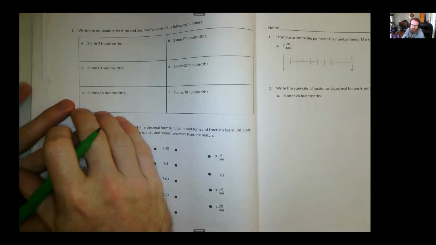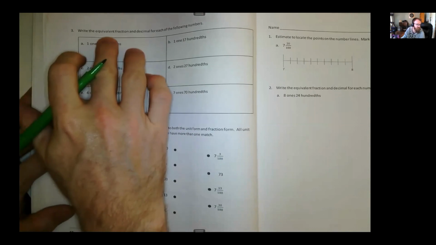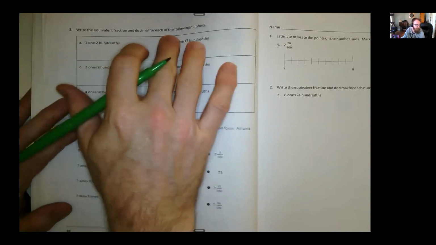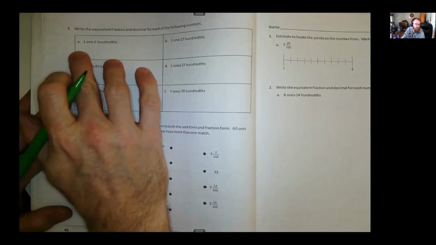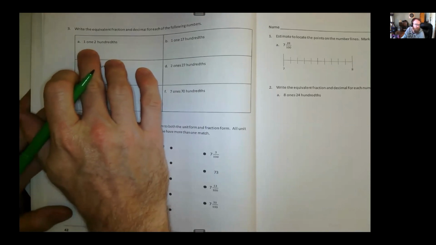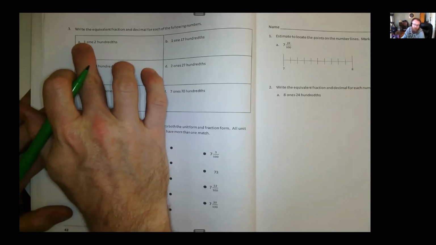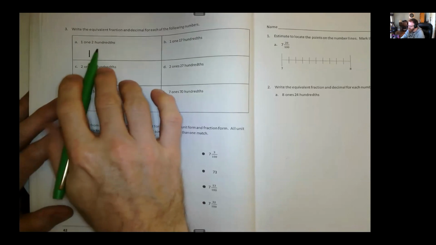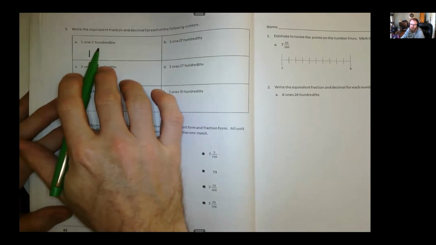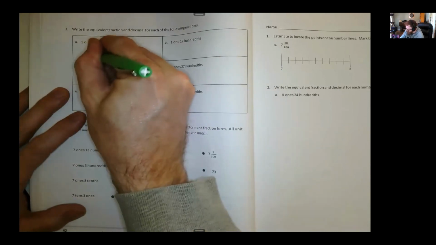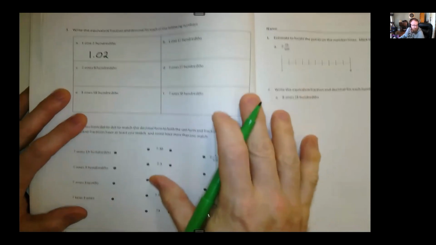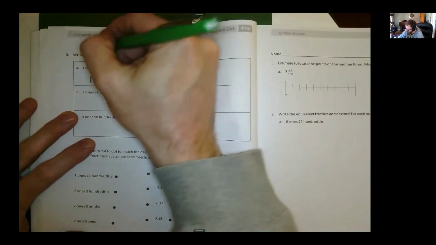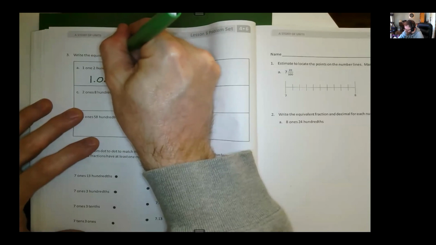Another part of the exit ticket is showing the equivalent fraction and decimal for something in unit form. 1 one and 2 hundredths. 1 one means 1 whole. 2 hundredths is going to go in the hundredths column. It's important to remember that we have ones, tenths, and hundredths.